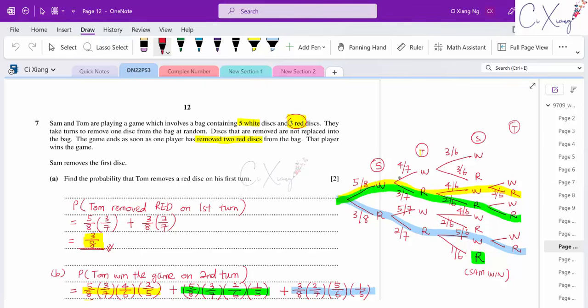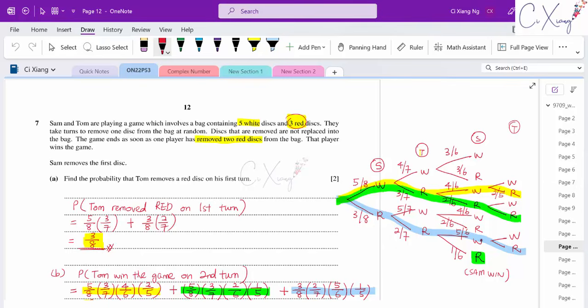According to the yellow, green, and blue pathways, all these three refer to Tom winning the game, and now we are looking for another restriction where Sam gets the first red color disc. So the blue pathway is the only result that we are going to consider.